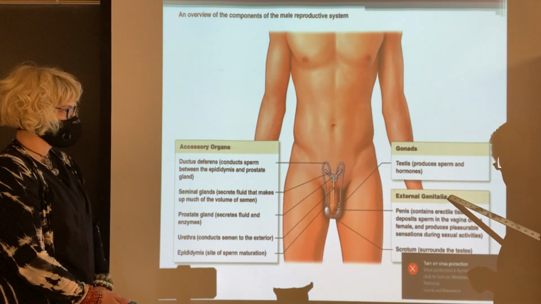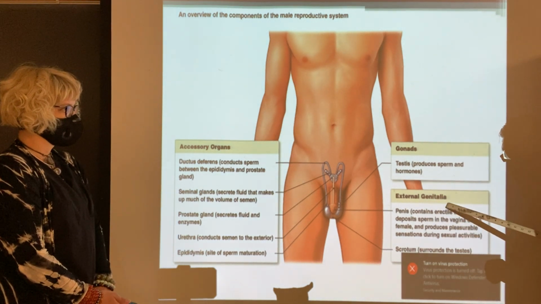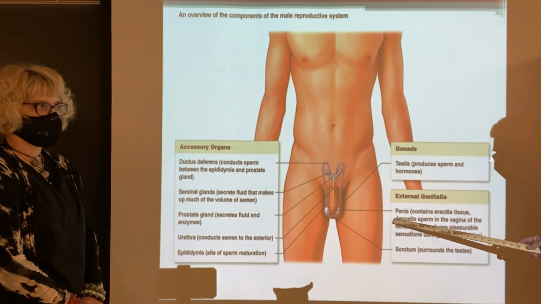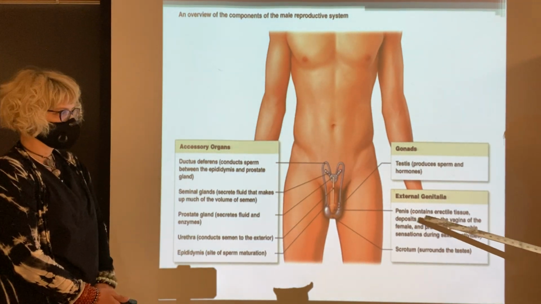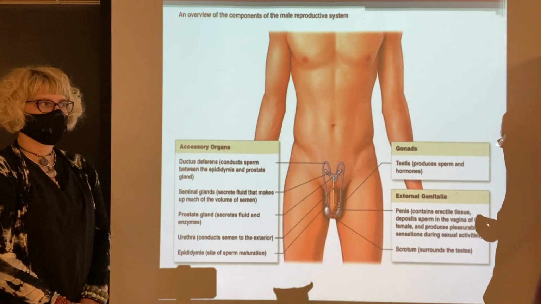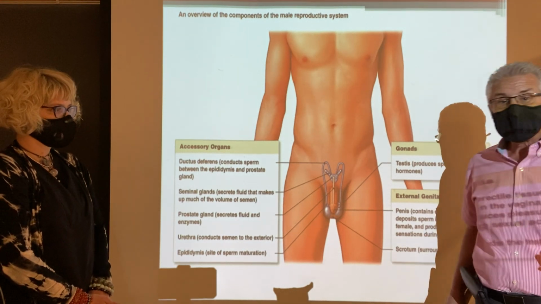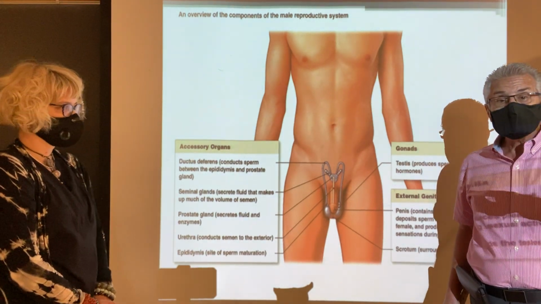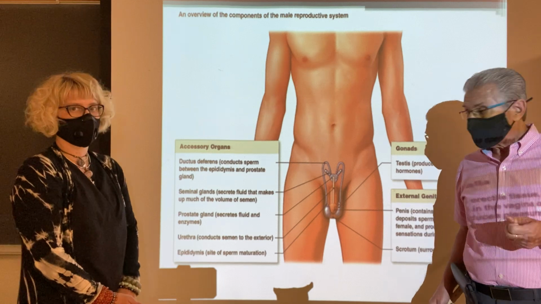The external genitalia, made up of, as I'm sure all of us know, the penis, which is a conduit, a passageway. That passageway, of course, is for urine and semen, okay?